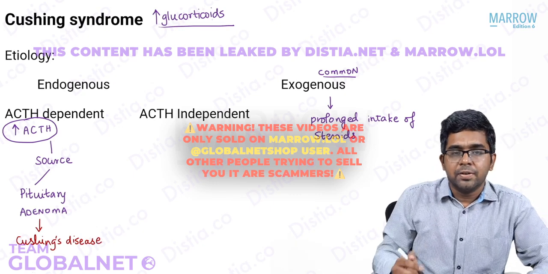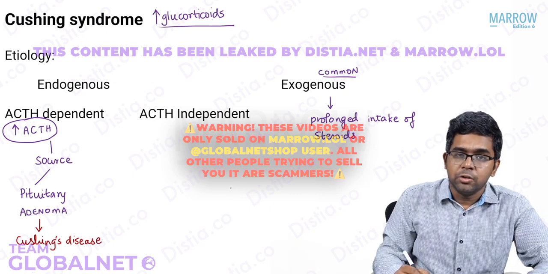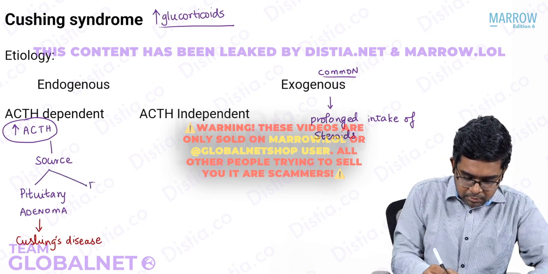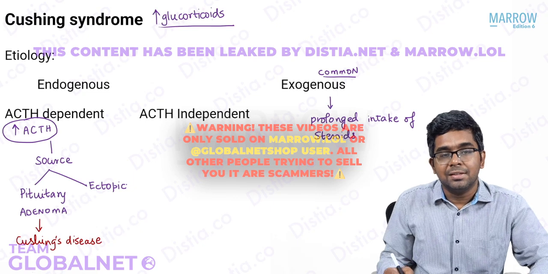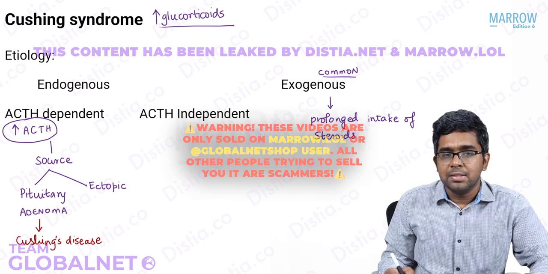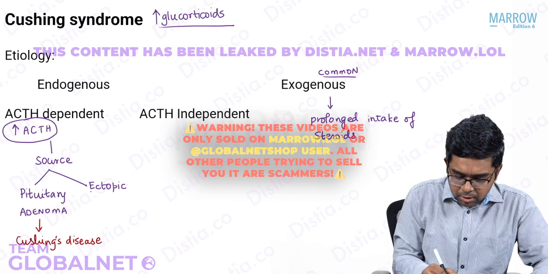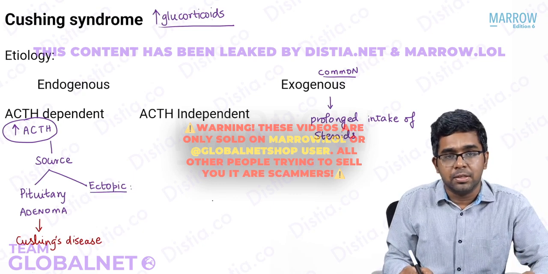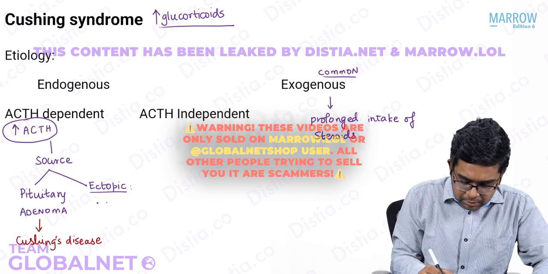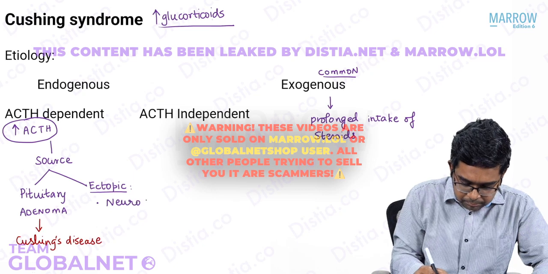The other source of ACTH could be an ectopic source. That means a source other than the pituitary. And what is that ectopic source? In children, it is usually a tumor. The usual tumor is neuroblastoma.